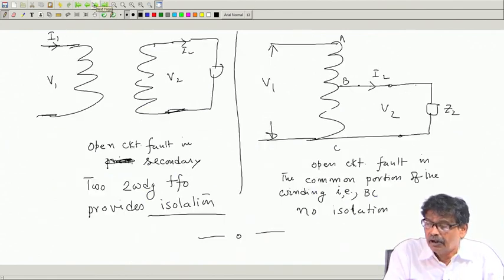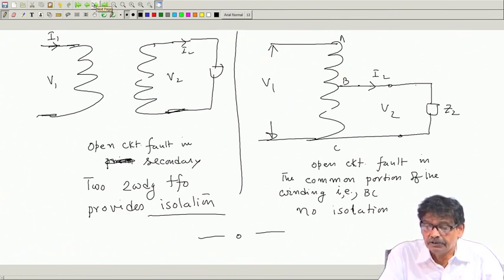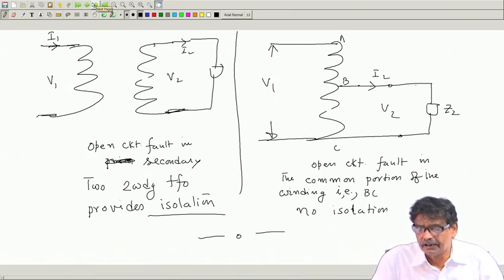Then I told you that a two winding transformer is a better option if you require isolation. Some critical load is present; if there is an open circuit on the secondary of the two winding transformer, no problem. At most the load will not get any supply, there ends the matter.